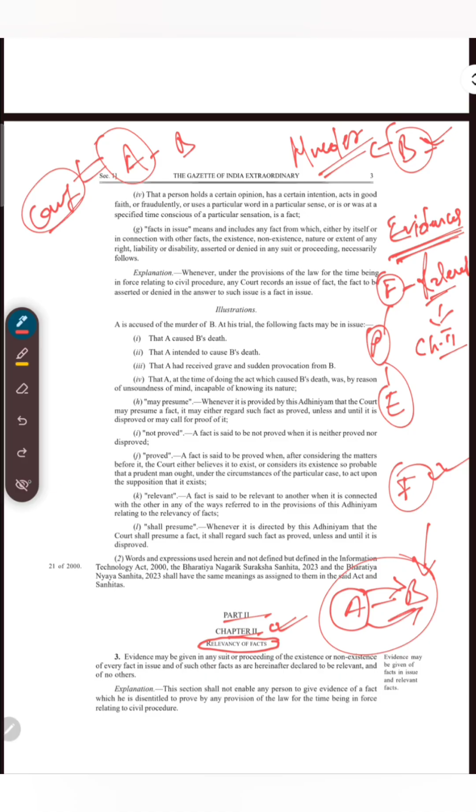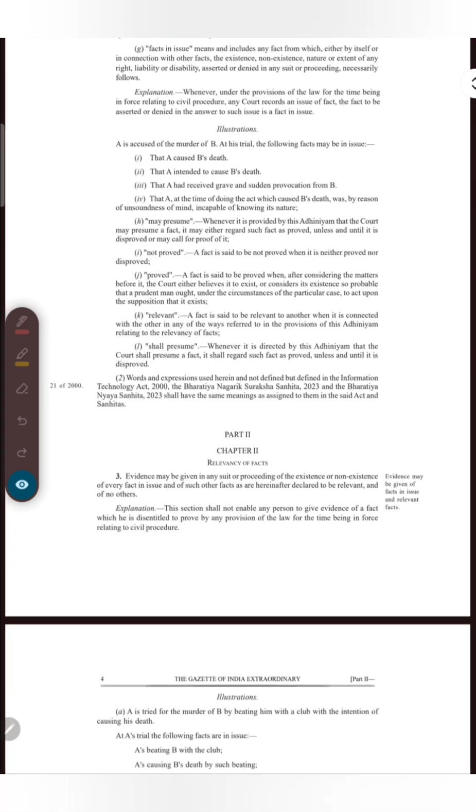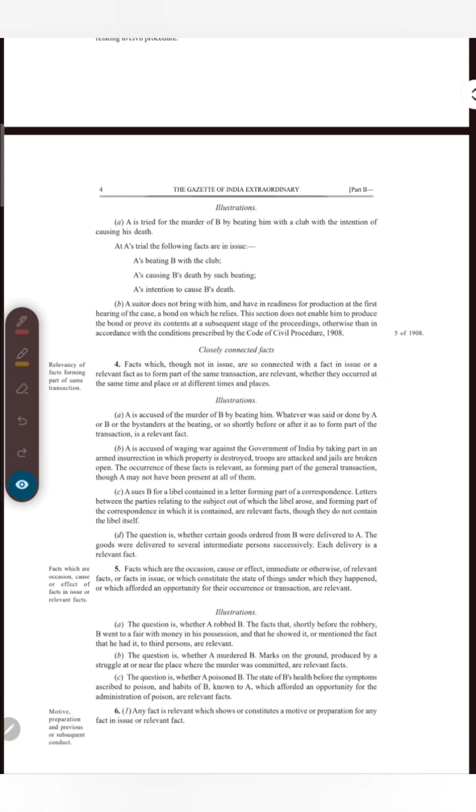So this fingerprint thing is relevant under section 4.